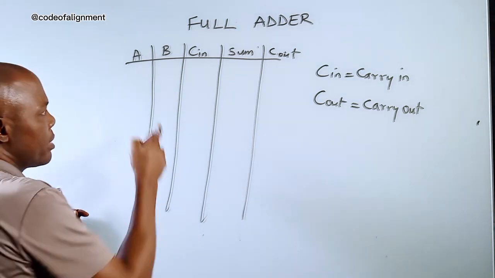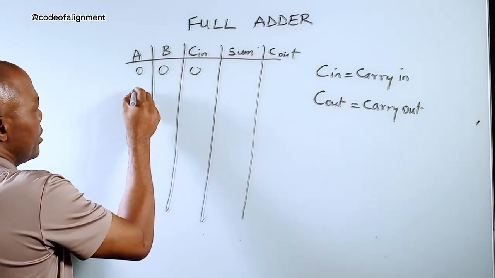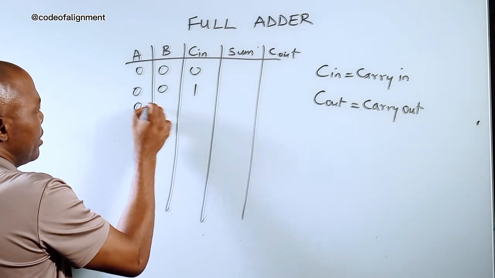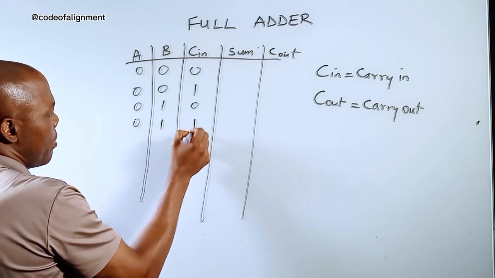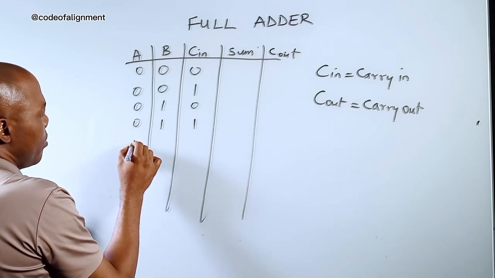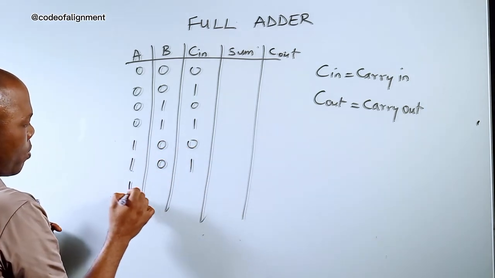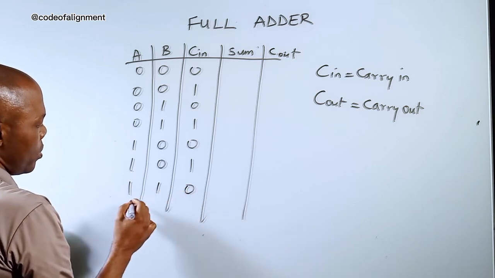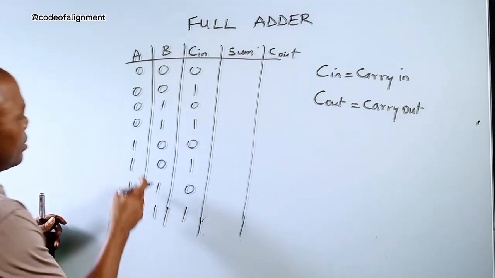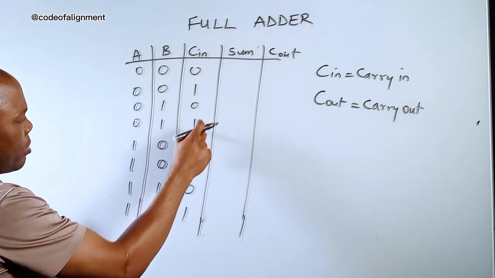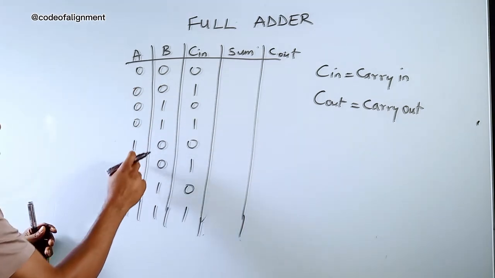So since I'm having 3 inputs, A, B, and carry in, so 000, 001, 010, 011, 100, 101, 110, 111. Right? So these are my inputs. 0, 1, 0, 1, 0, 1, 0, 1. 0, 0, 1, 1, 0, 0, 1, 1. 0, 0, 0, 0, 1, 1, 1, 1.